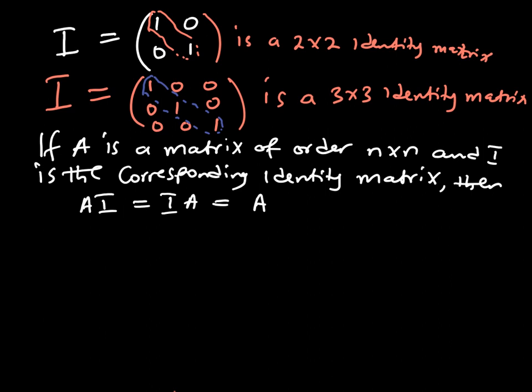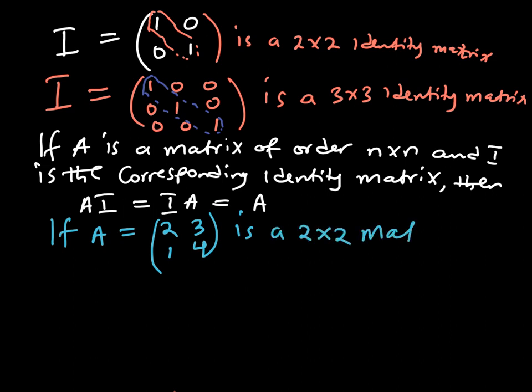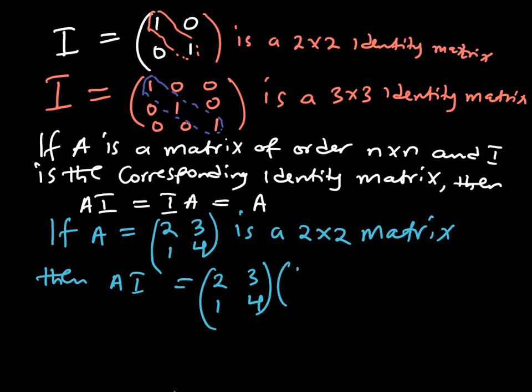So let's try to understand this. If A is a matrix which is 2, 3, 1, 4, this is a 2 by 2 matrix. Then A times I, you get 2, 3, 1, 4, multiplied by the identity matrix of order 2 by 2, which is 1, 0, 0, 1. You know what we do in matrix multiplication?